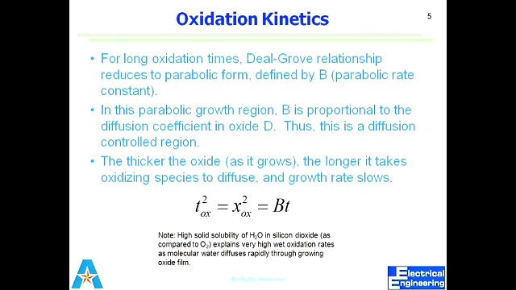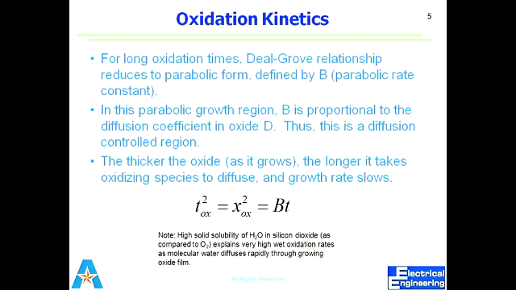So for long oxidation times, the Deal-Grove relationship, that is, this equation, reduces to parabolic form. So you can see that this is a parabolic equation. X square is equal to BT. I'll talk about the second one as well.